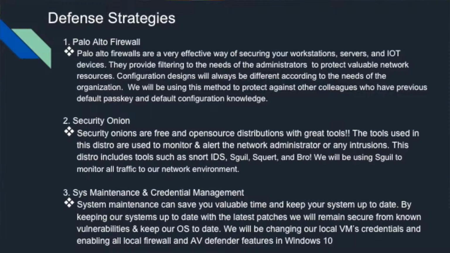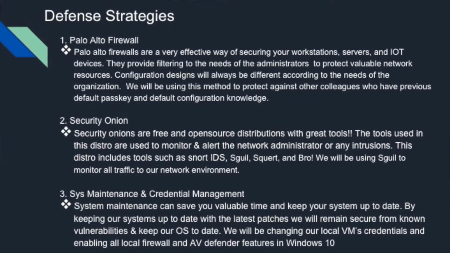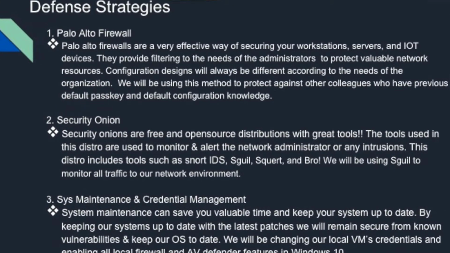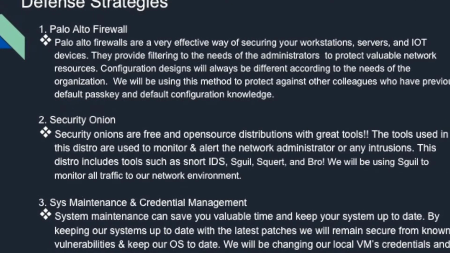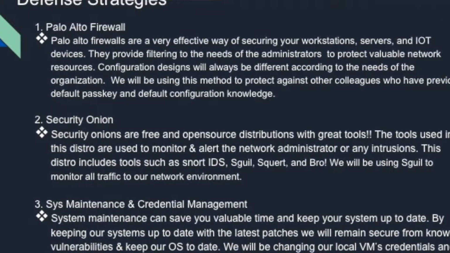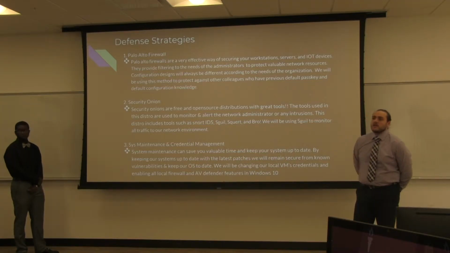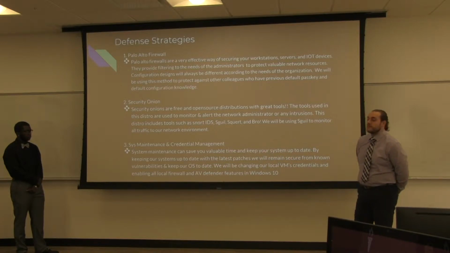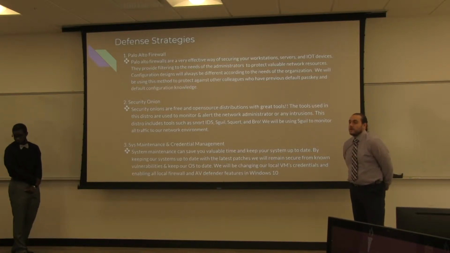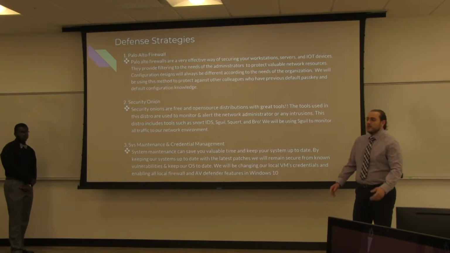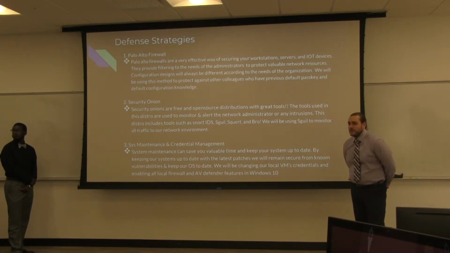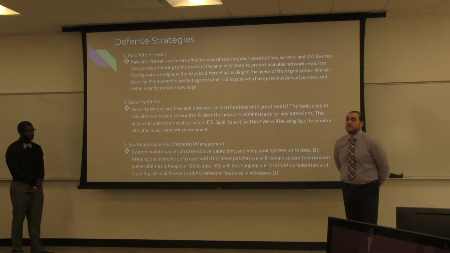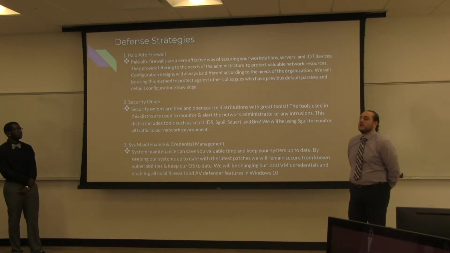And lastly, we thought logically, let's just use common best practices and do some system maintenance and credential management, such as changing your credentials and doing routine maintenance like updates. System maintenance can save you a lot of time in the long run, and it keeps your systems up to date. By keeping our systems up to date, we not only keep them secure from vulnerabilities with the latest patches, but we also keep them secure from future vulnerabilities that may be coming out.